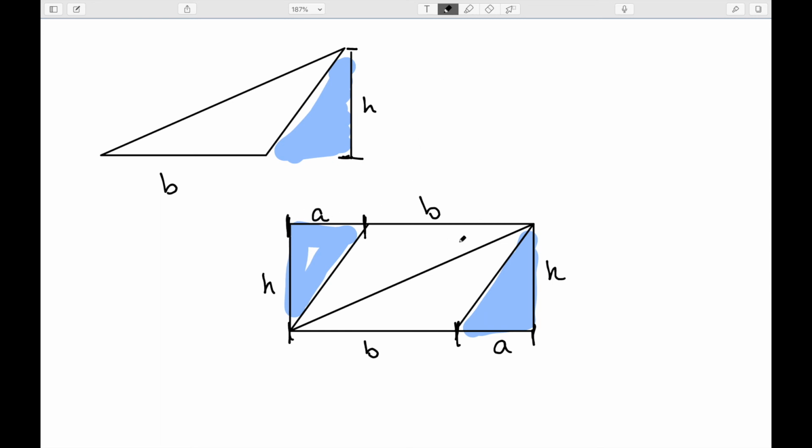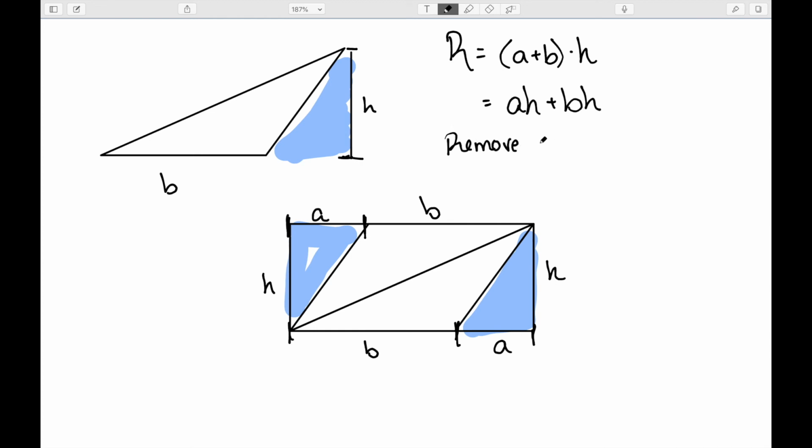So what we really have for this rectangle, so I'm going to use an R for area of rectangle, is A plus B times H. So this is AH plus BH. However, if we remove the shaded part, the extra pieces, well, that would be the entire rectangle minus, this is a right triangle.